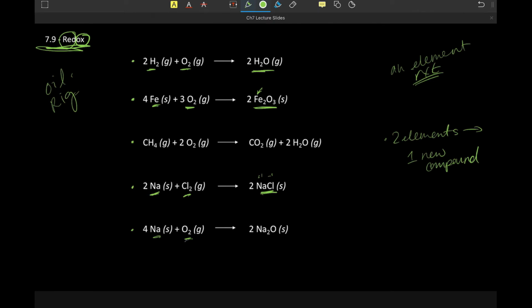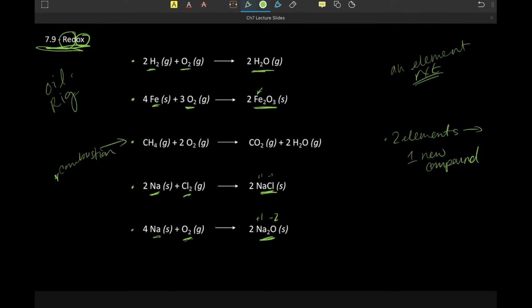Sodium and oxygen make sodium oxide, again based on those rules: sodium is +1, oxygen is -2, so we need two sodiums to make the formula correct. Again, two elements will just make one new compound. This does double duty as a redox and combustion reaction, which we'll talk about momentarily, but I do want to emphasize the elements part. The only option for elements is to put them together to make a new compound.